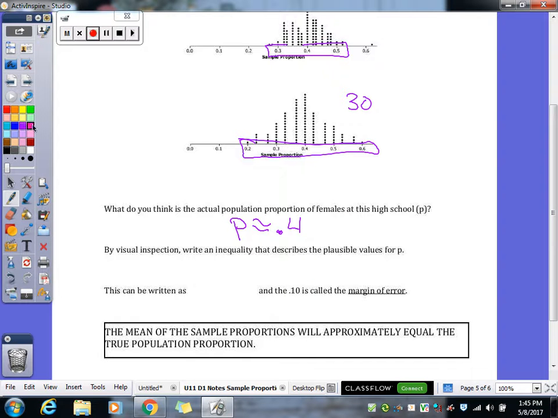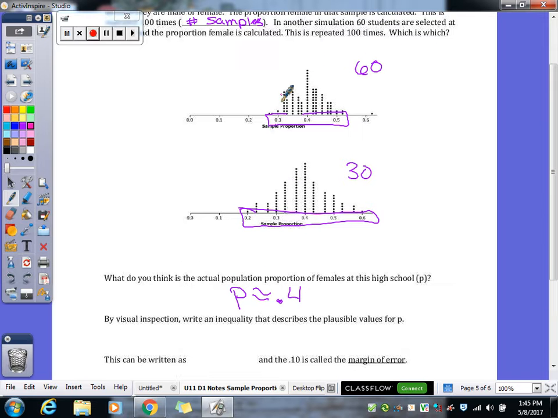So when they say that, what they're trying to say is it's not going to be exactly 0.4. There could be some error here. So you kind of want to find the majority of your data. So whether you're looking at the 60 sample size or the 30 sample size, the majority of our data is here between 0.3 and 0.5. The majority of our data for that one is between 0.3 and 0.5.